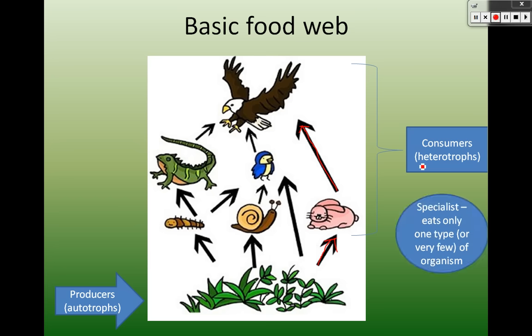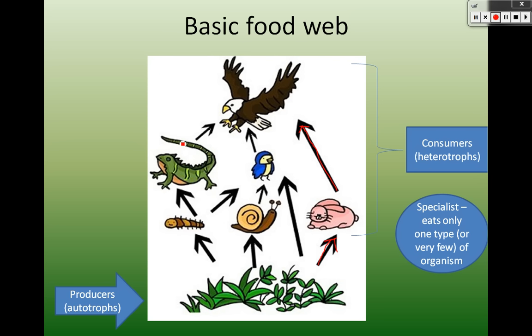So let's talk about some new vocabulary. One of them is a specialist. A specialist eats only one type or very few types of organisms. Looking at this food web, you can pause the video in a second and see if you can identify some specialists.